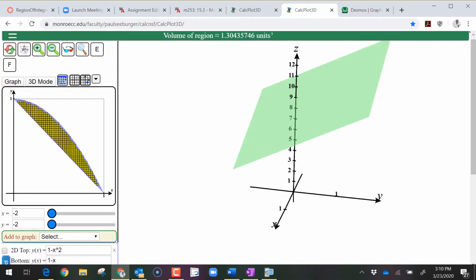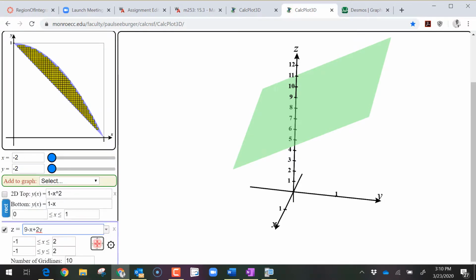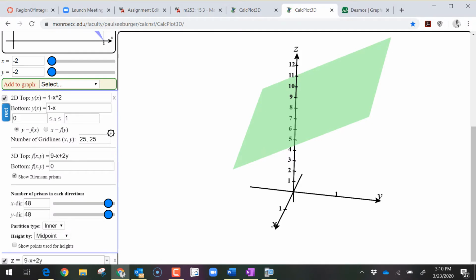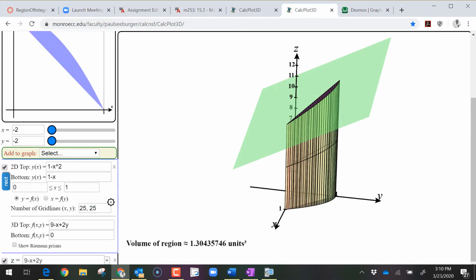So this is the plane being drawn out right now. So this is the plane, and now I'm going to do a region below it with the same plane, and I can ask it to calculate some Riemann sums.